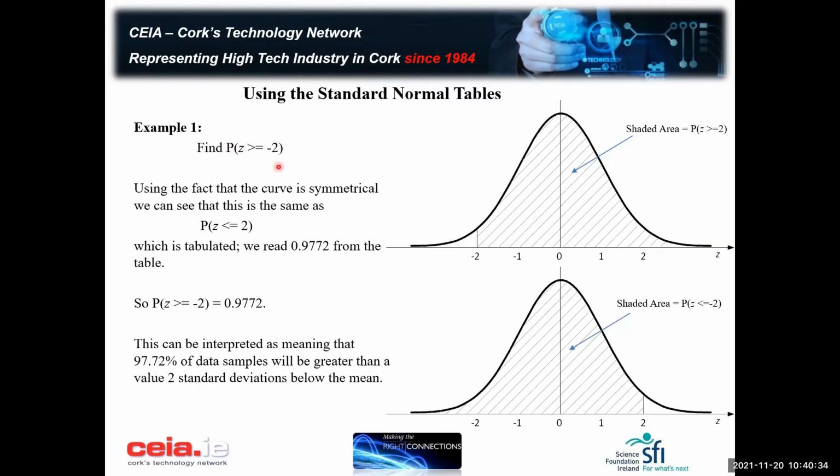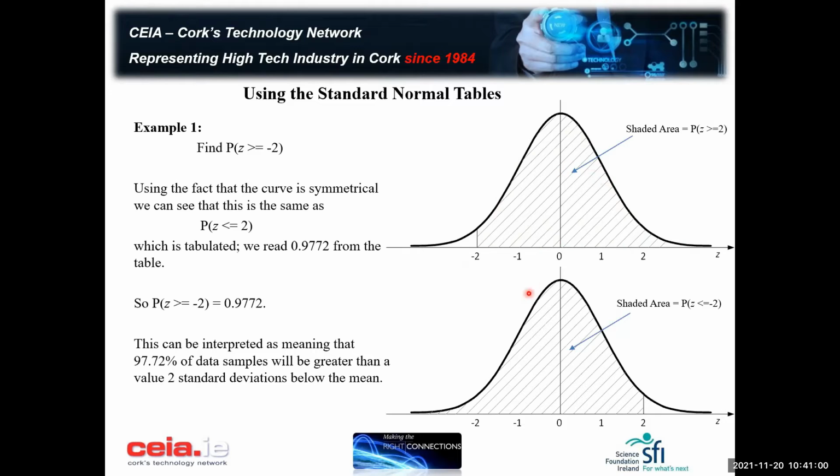But it's conventional to write it as z greater than or equal to -2. We can represent that probability by this shaded area under the standard normal curve, starting at z equals -2. But that area isn't tabulated.